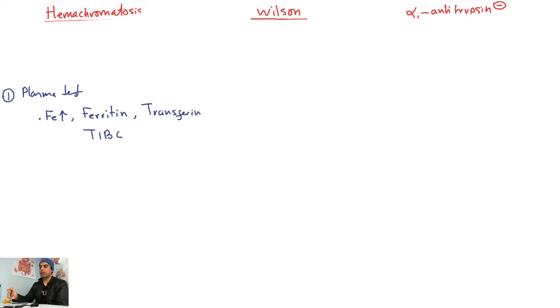Okay, all right. TIBC. TIBC stands for total iron binding capacity. Now, are we talking about ferritin or transferrin? Both, especially transferrin. So TIBC is a property of iron binding protein. So if you have a lot of iron, what happens to iron binding capacity?